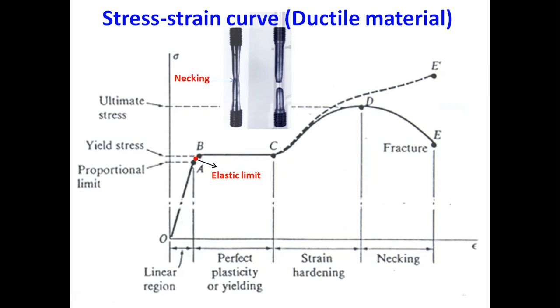The component is gone when permanent deformation happens inside the material. So normally in engineering, we design our components for the yield strength, because afterward permanent deformation would occur and the component is of no use.